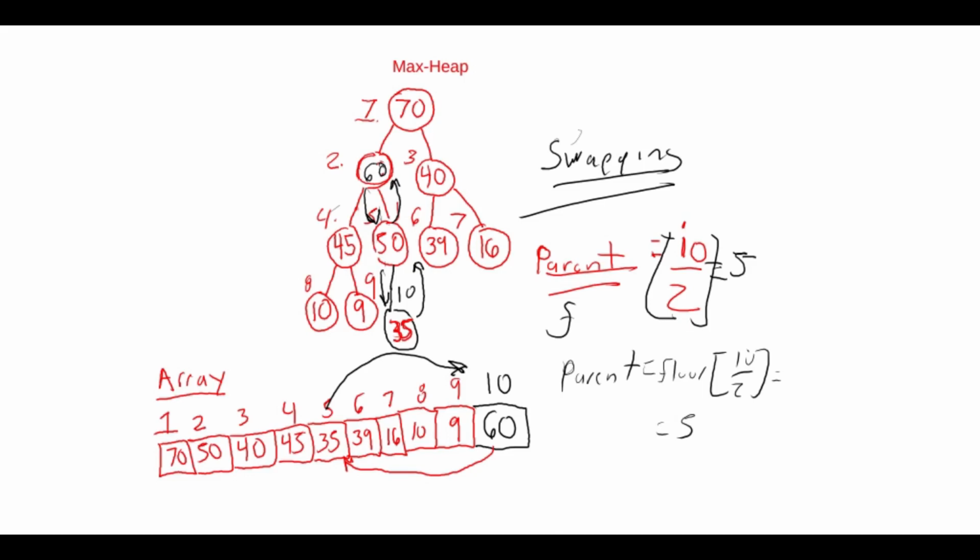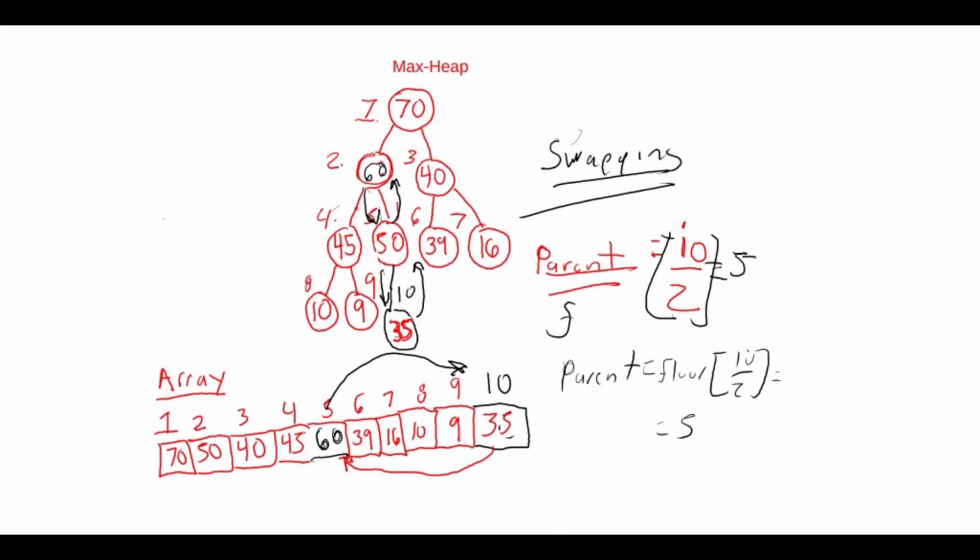Here you can see that it is 35 and 60. So now you do this switch. This one becomes 35, and this one in 5 becomes 60.